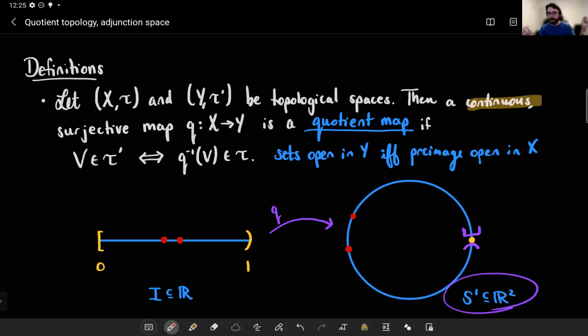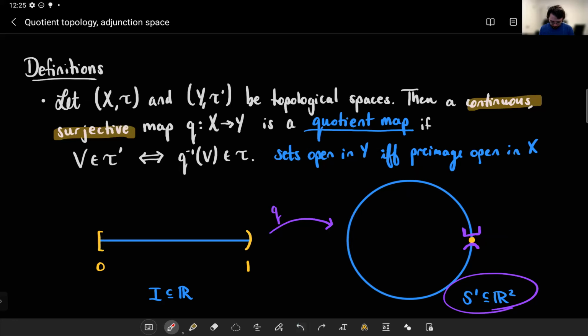There's no tearing happening, right? I'm just bending a circle onto itself, or bending a line onto a circle. So it is continuous. And you can also say it's surjective. Every point on the circle gets hit. In particular, this point gets hit by this point. So 0 maps to that connection point.